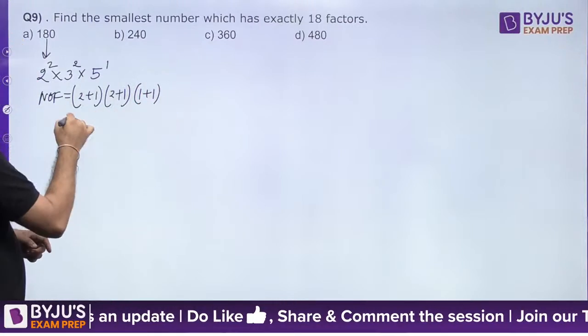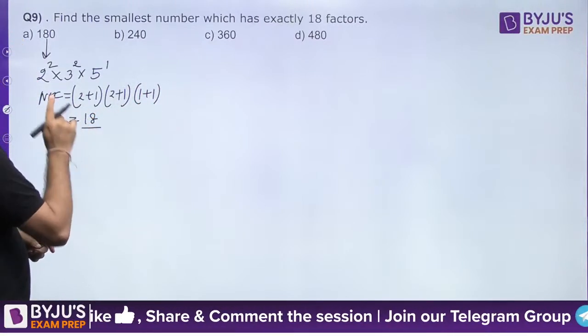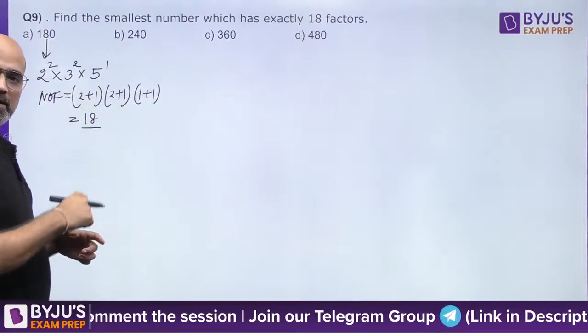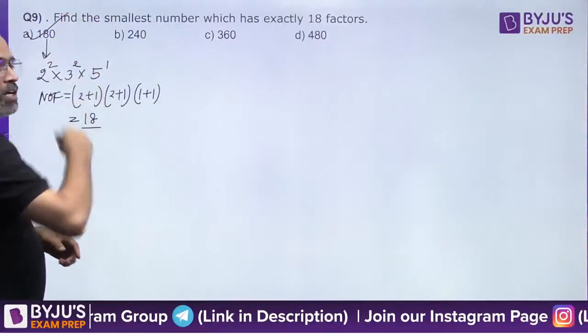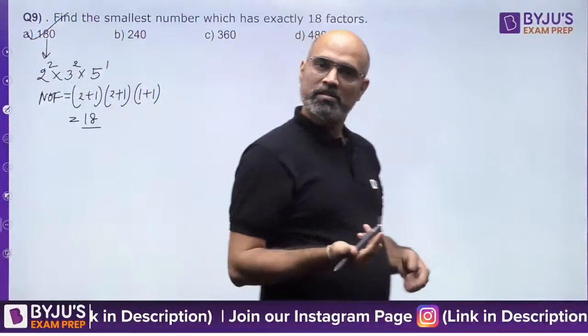Three into three into two, which is going to give you 18. The smallest number among these is 180. It has got 18 factors, which it matches with. So your answer is 180. Done. As simple as this.